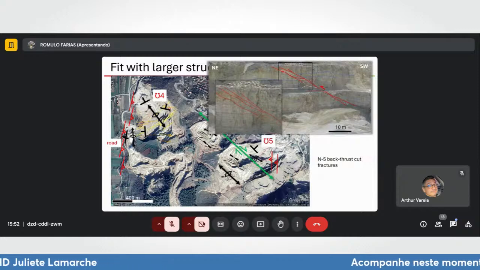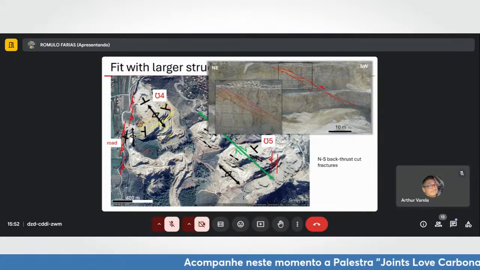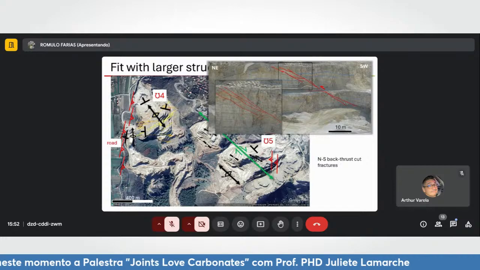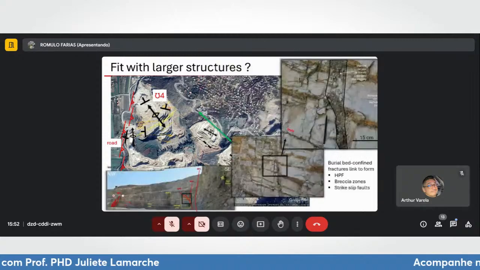The fractures are affected here by back thrust. So this is the main fold, and these are back thrusts coming from the depths. And the reverse faults really cut all the fractures.